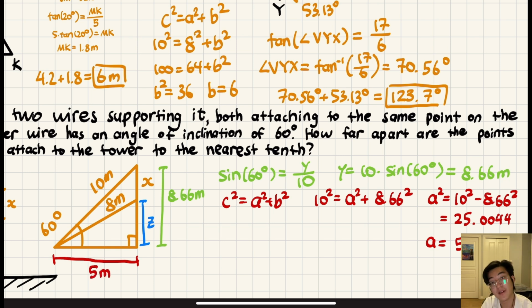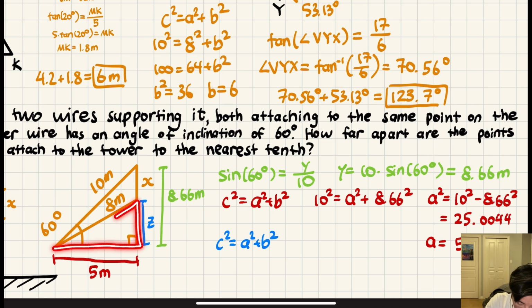Which means that with z, we can just do another Pythagorean theorem. So c squared equals a squared plus b squared. Because now with z, with this little triangle, we have the hypotenuse, which is 8, and one of the lengths is 5. So we have 8 squared equals 5 squared plus z squared.